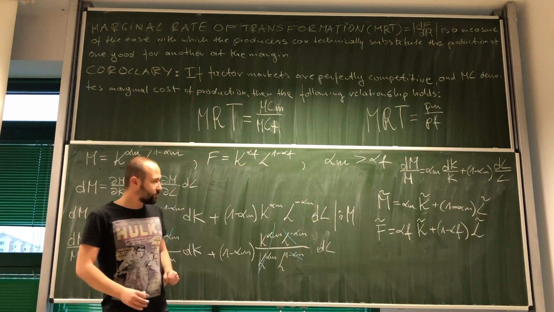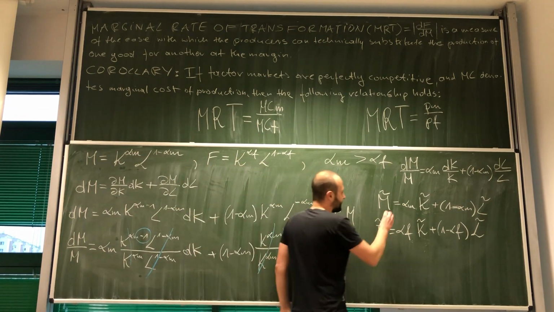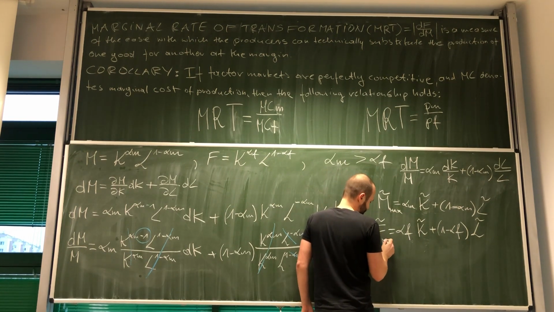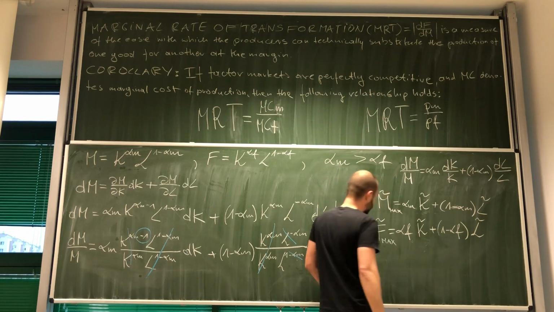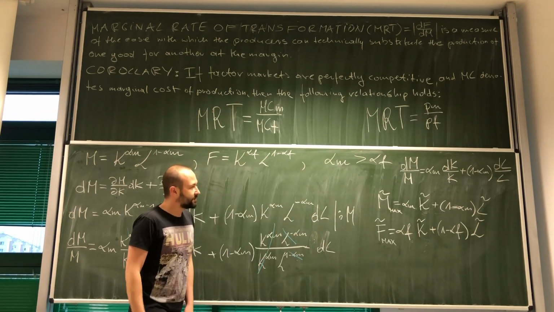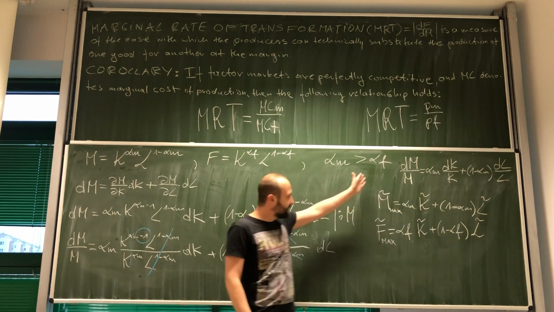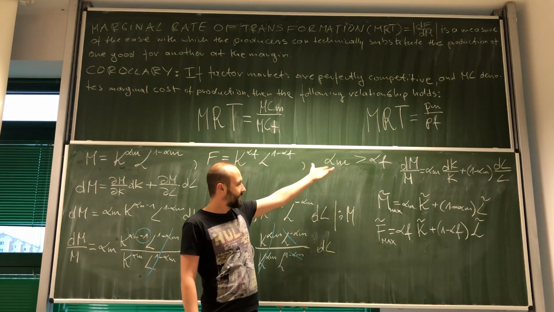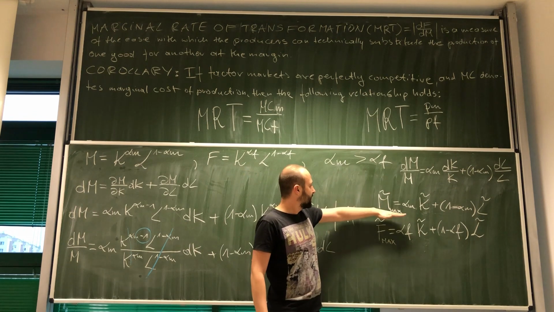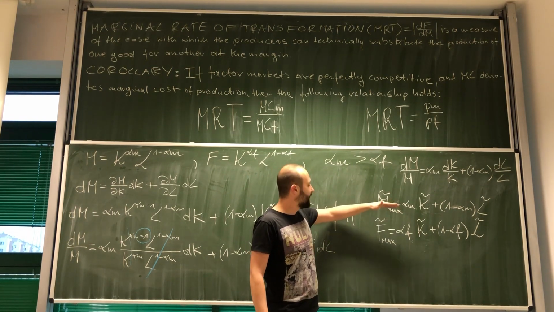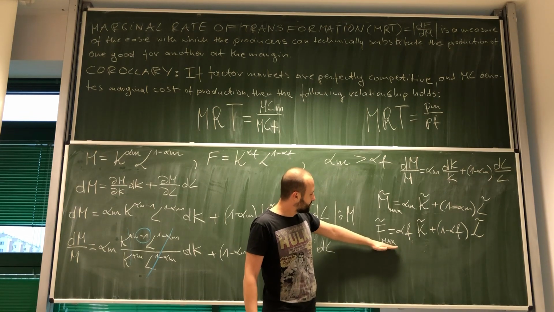And look, the best way to see it, if we would add here max. Look, because now you see that if the amount of capital in the economy is increasing, then, of course, maximum amount of manufacturers we can produce will be bigger than the maximum amount of food.